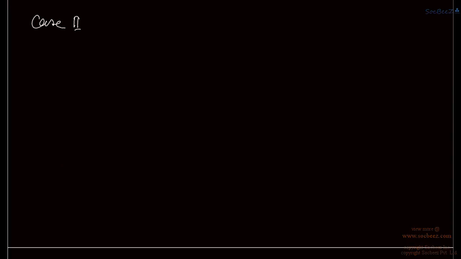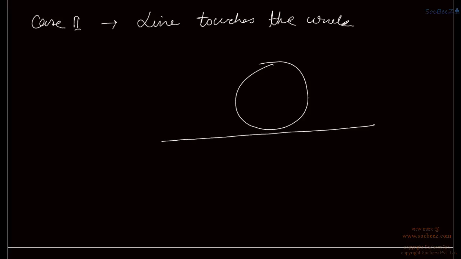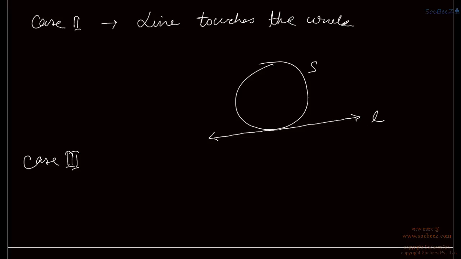Case 2: the line touches the circle. That means the line L just touches the circle S. So this is our second case, the line touches the circle. And case 3: the line intersects the circle at two different points.